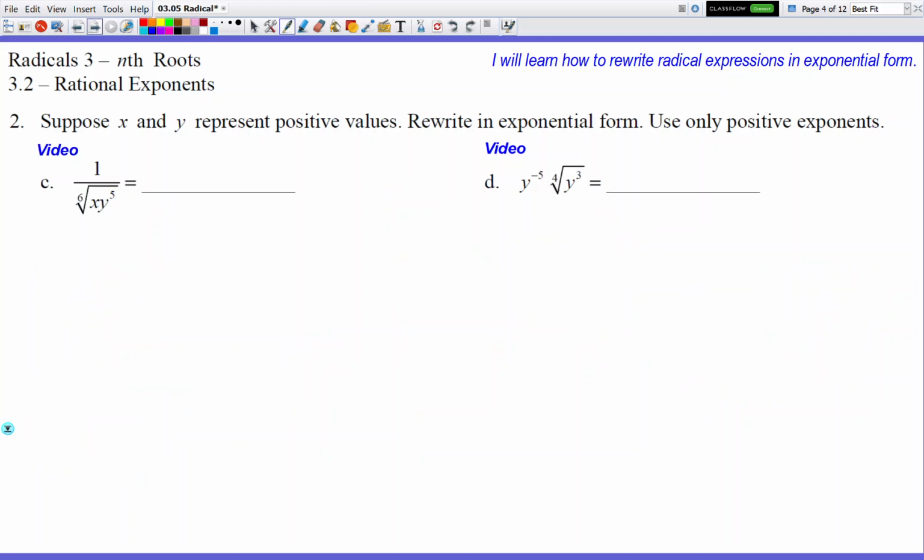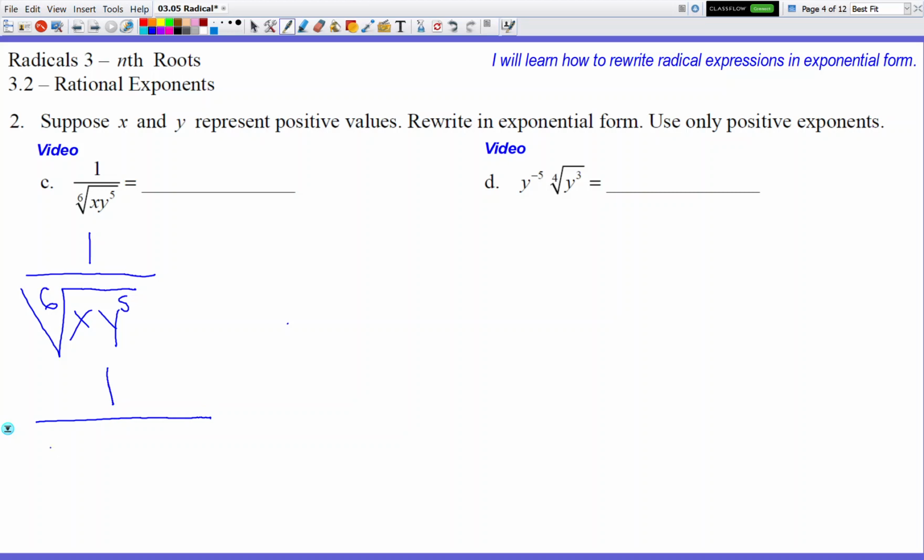So what do we have here? We have 1 over the 6th root radical of a single x and 5 y's. Everybody's inside the sixth root radical, and everything is underneath the 1. So we're going to keep everybody underneath the 1 and take apart each of these letters.